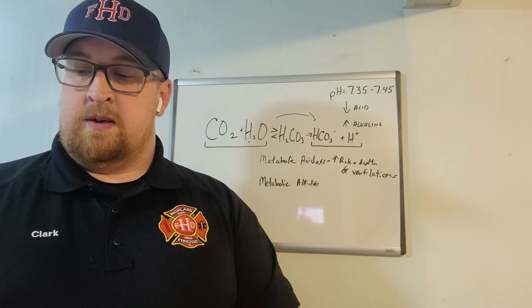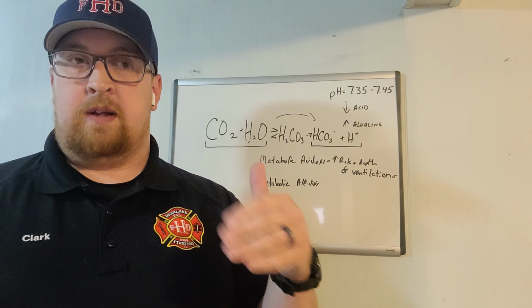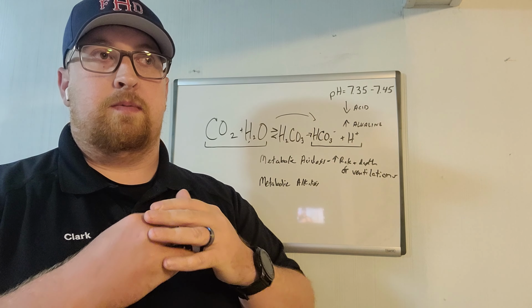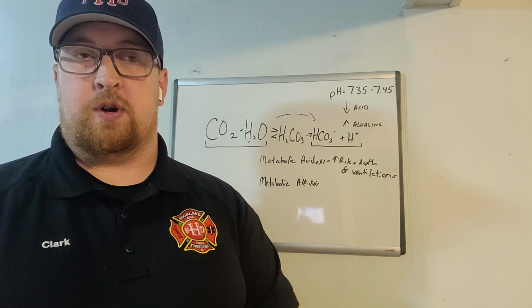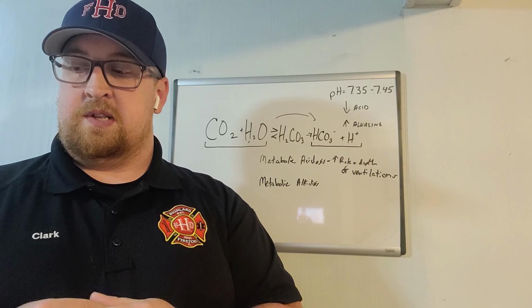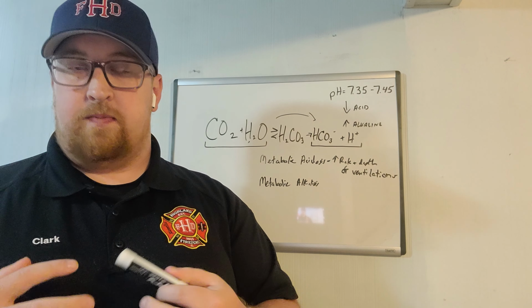What I mean by that is, if your kidneys sense that your pH is too high, it's going to cause you to pee more to try to balance out where that pH is sitting. If it senses that it's too low, it's going to try to retain that.